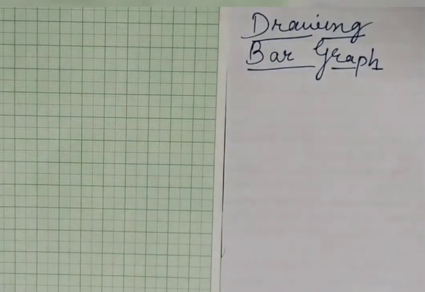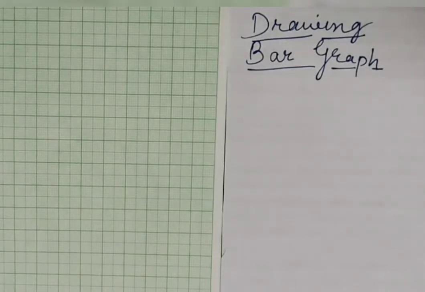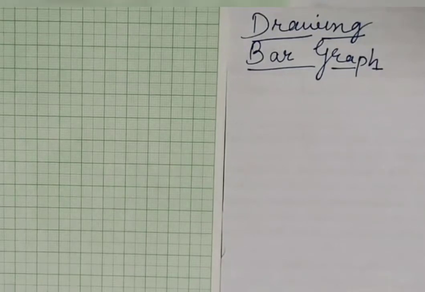Students, till now in data handling we have learned many things, many definitions we have come across. What is data, their types, how to record and organize the data, how to interpret the data, even how to interpret the pictographs given there.